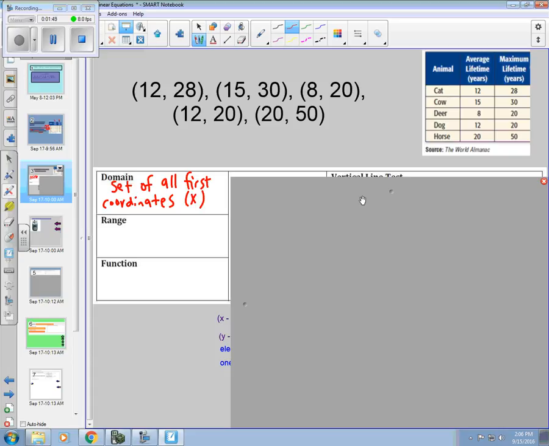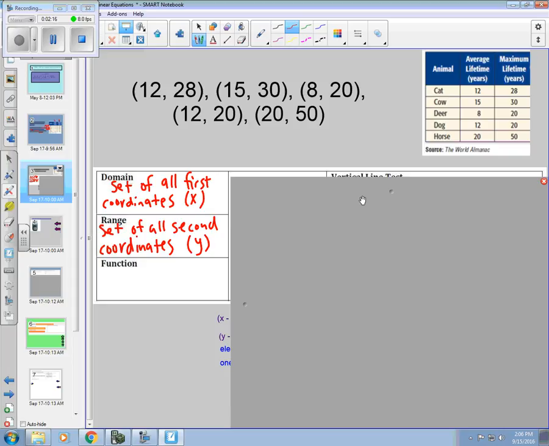Okay, so it's all your x coordinates. Another word, range, that's the set of all the second coordinates. Or another way of saying that, then, we know all our second coordinates are our y coordinates. So domain is a fancy way of saying your x's. The range is a fancy way of saying your y's.